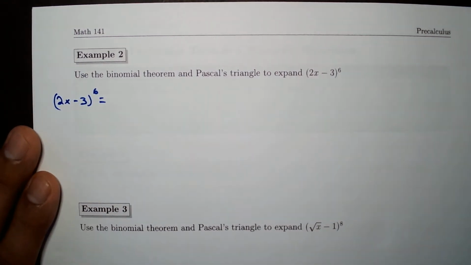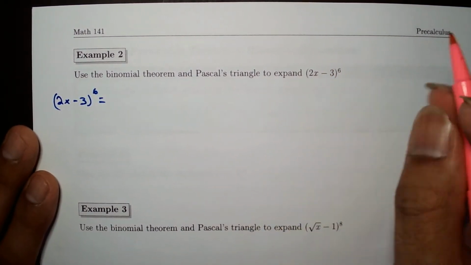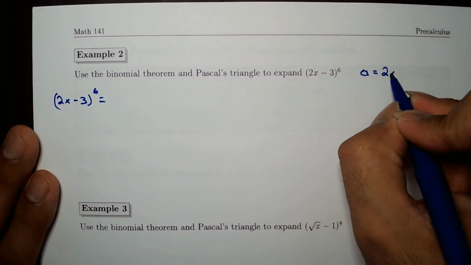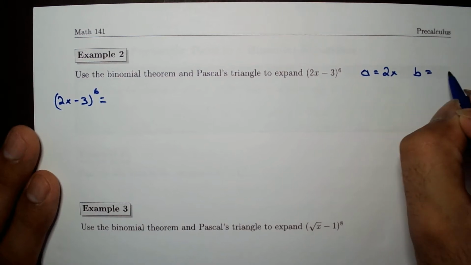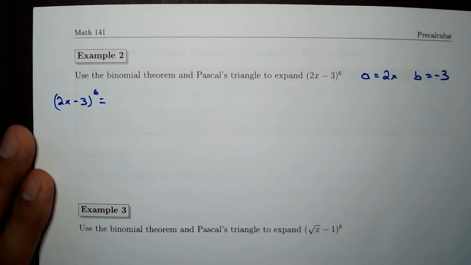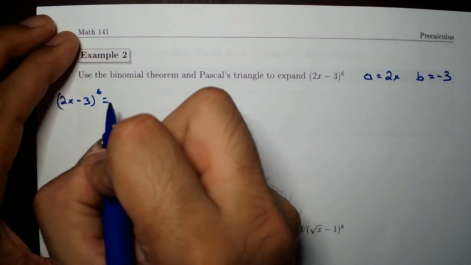All right, what are we going to have? Be careful here, because in this case the negative sign is going to have an impact. So a equals 2x and b equals negative 3. All right, so we are going to start with a.